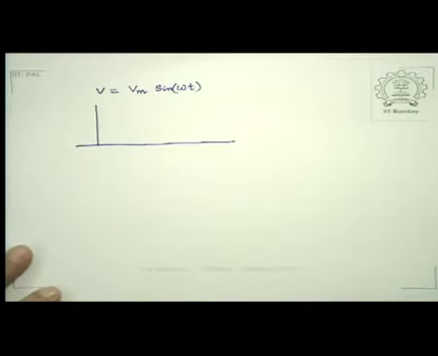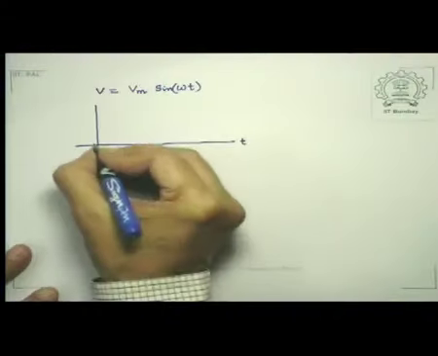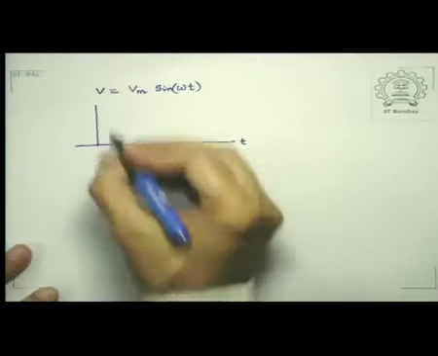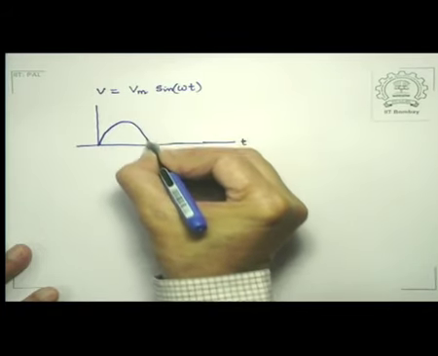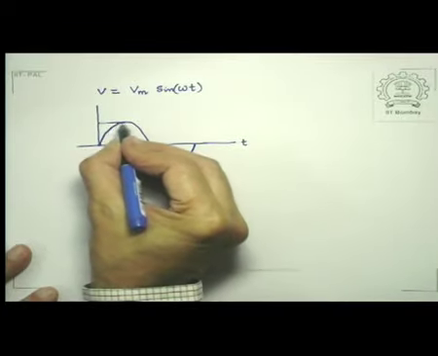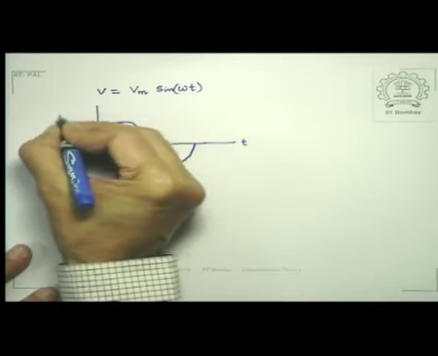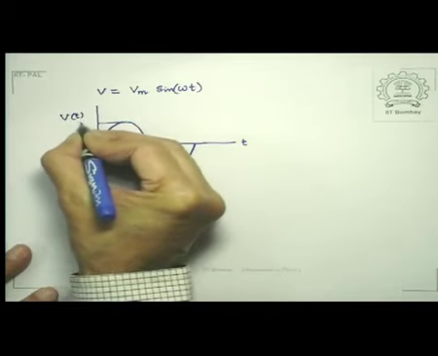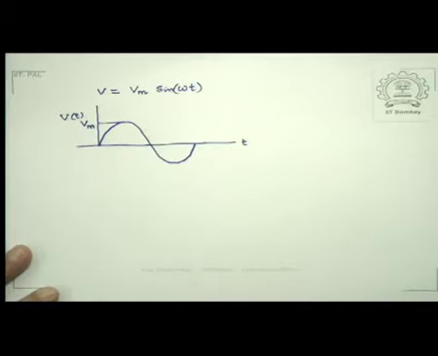This is a representative diagram in the sense that when I say t equal to 0, it doesn't mean that is the instant when the voltage was switched on, but any particular time you can take it as time t equal to 0 and proceed for one cycle. So supposing at my time t equal to 0, this axis is time, my voltage happens to be 0, and then I go through one cycle. This is my voltage V as a function of time, and this is Vm, that's the maximum voltage.